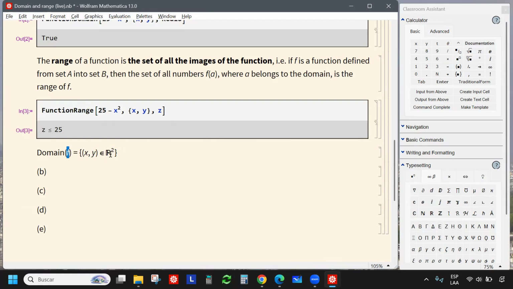Here it is. With respect to the range, I will write range of f. Let's see. And here I start modifying. Range of f. It is z belonging to R, not R squared.